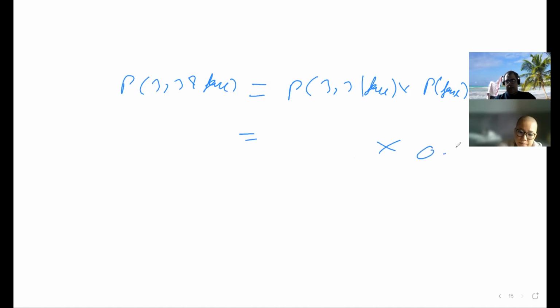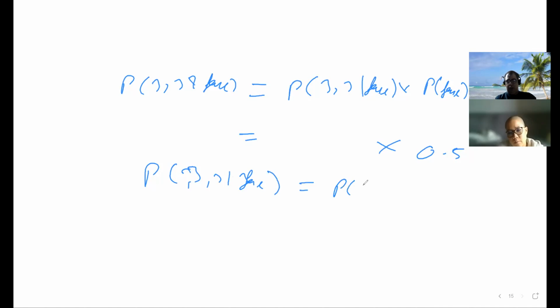And getting a 3 when the die is fair the first time and also getting 3 in the second flip will be P3 into P3, since these are independent events.